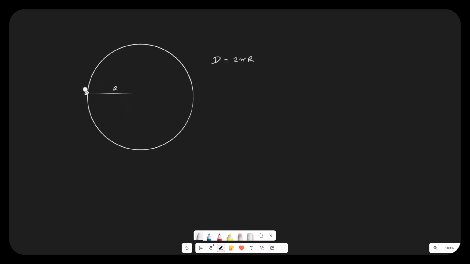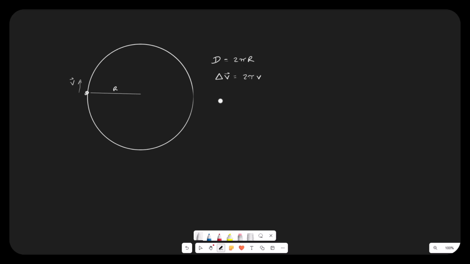If the velocity vector starts out here, then when I go the whole way around, my accumulated change in velocity is going to be 2 pi times v.